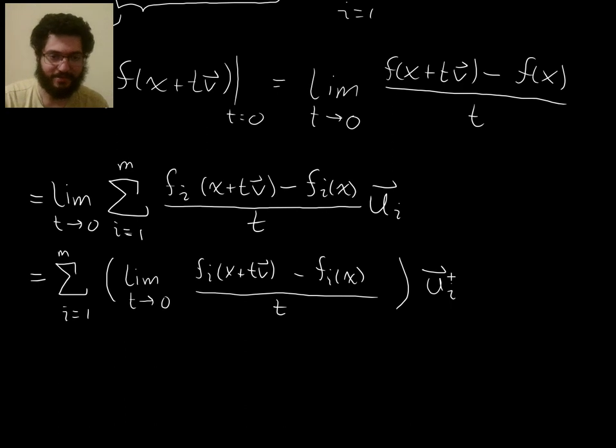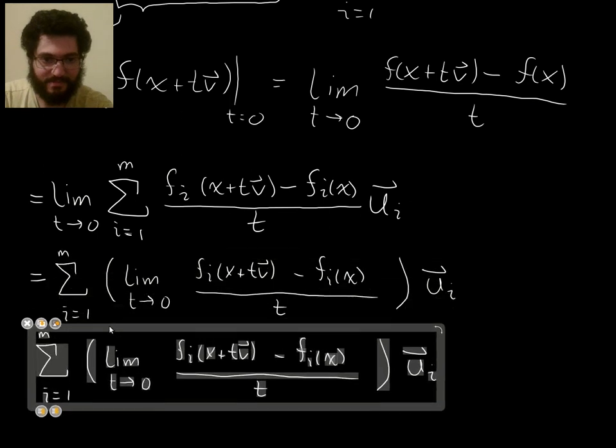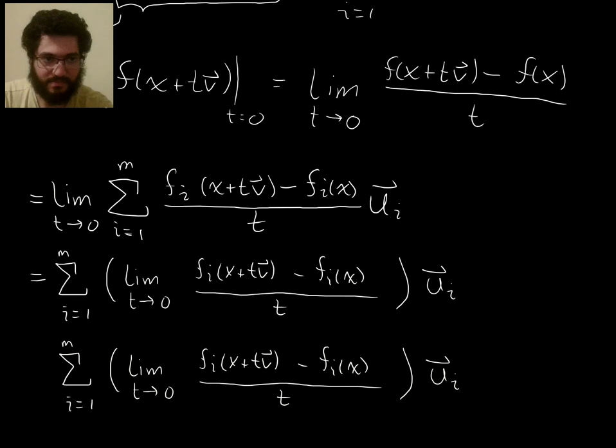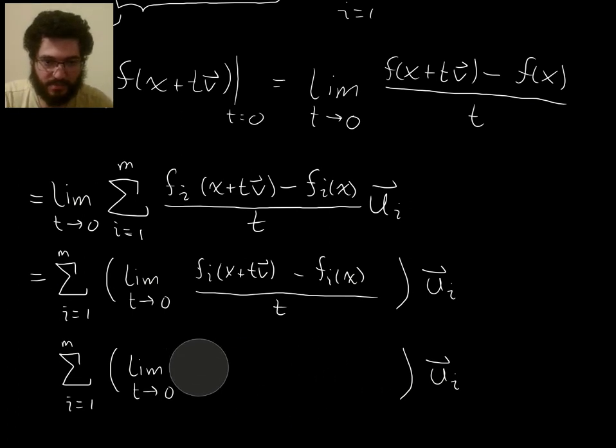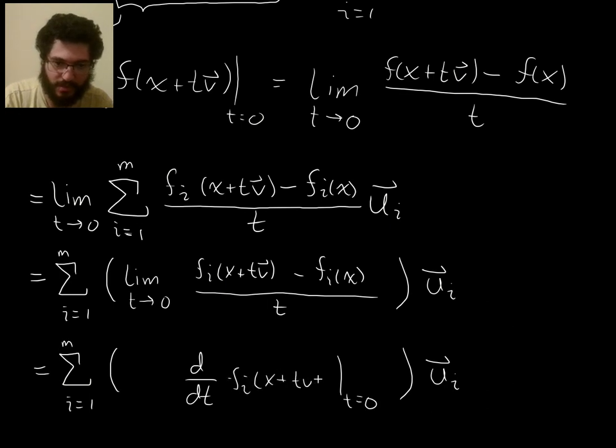And now, what do we have here? Let me use the power of copying and pasting. These limits are, well, the first way to write them maybe is the derivative with respect to t at t equals 0 of f_i(x + tv).